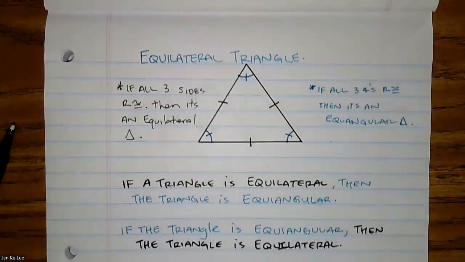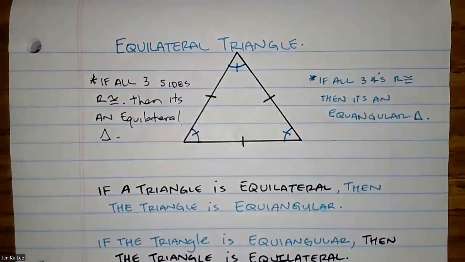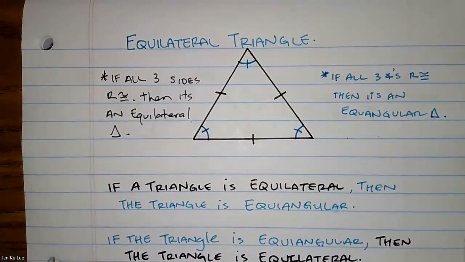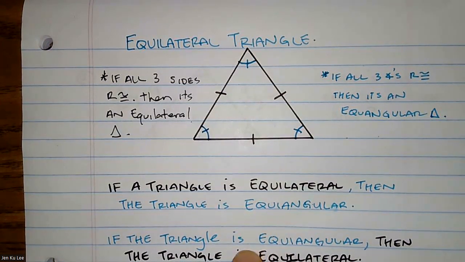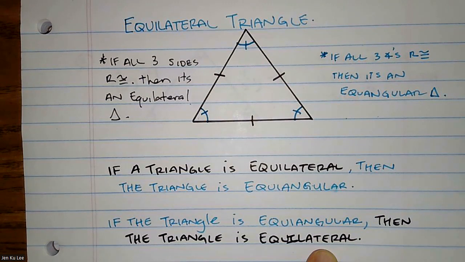If a triangle is an equilateral triangle, then it is also an equal angular triangle. If the triangle is equal angular, then the triangle is equilateral. Okay? We can take it a step further.